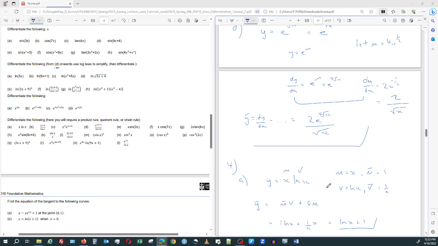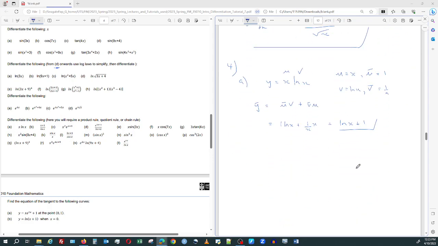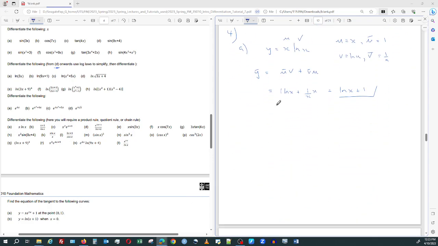Okay. Alright, so for part B, it's a quotient rule. So we've got x plus 1 over ln of x. So it is very definitely a quotient.